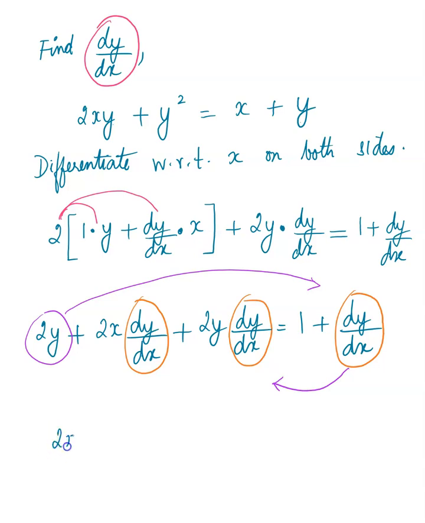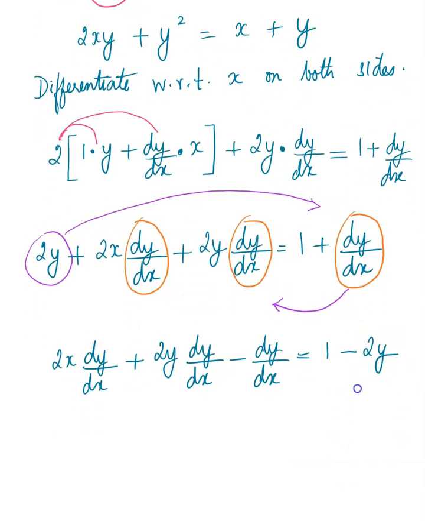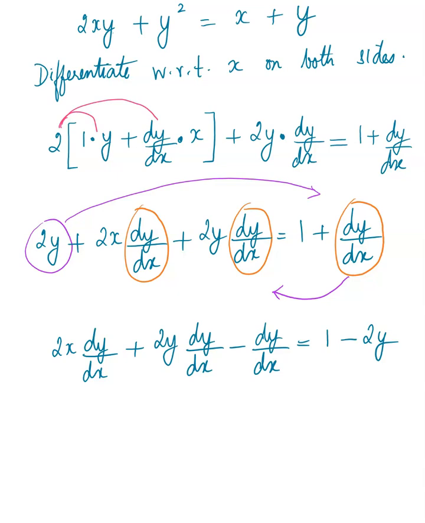That will be 2x dy over dx plus 2y dy over dx minus dy over dx equals 1 minus 2y, because I'm subtracting 2y on both sides. I'm subtracting dy over dx on both sides.